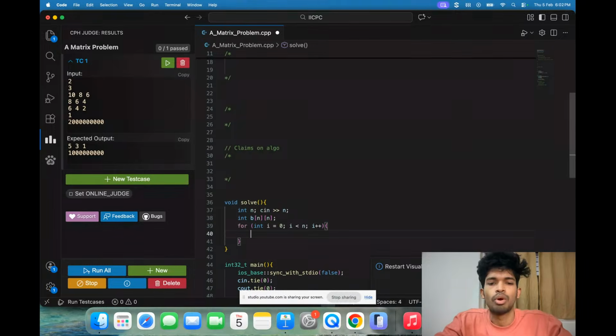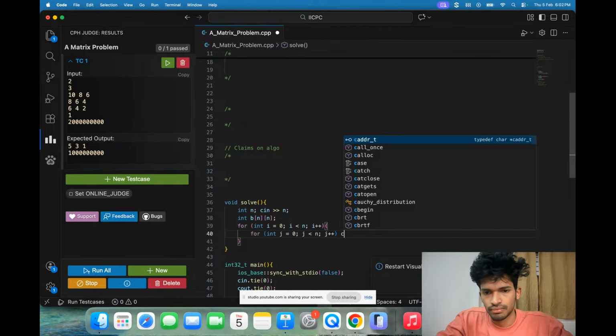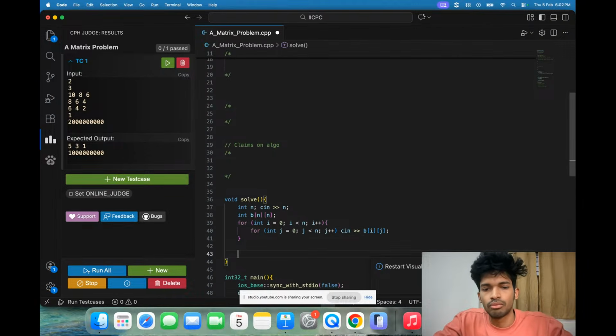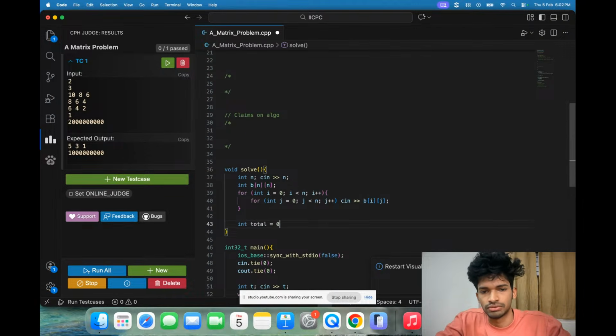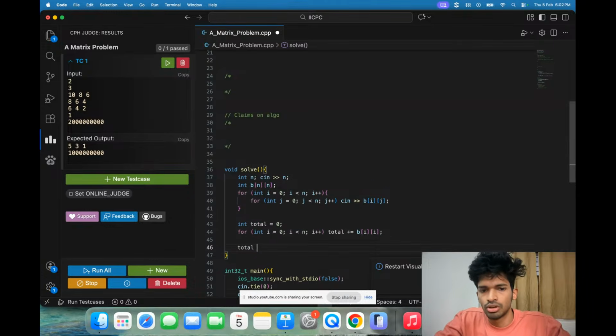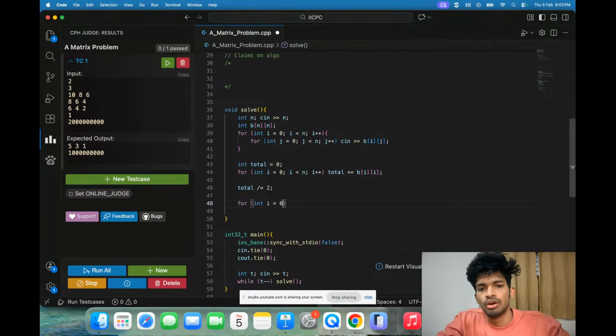Okay, what do we do? First we'll take the array input, and then we'll get the total first. Total equals the diagonal sum divided by 2, because we have seen that the sum of diagonal elements is twice of that, right? And once we get the total, we can output each thing easily now.